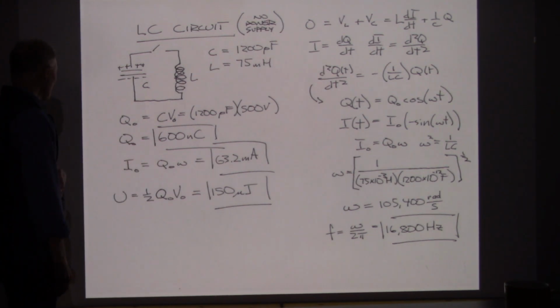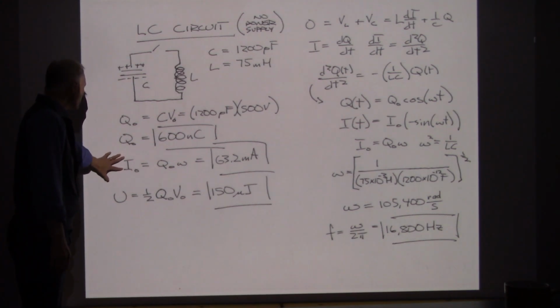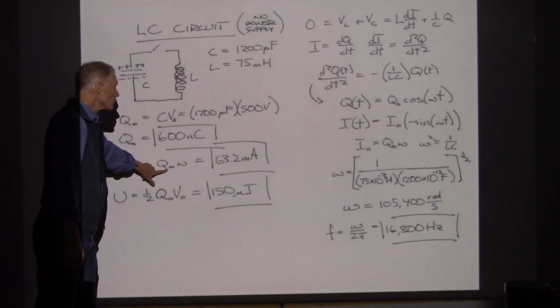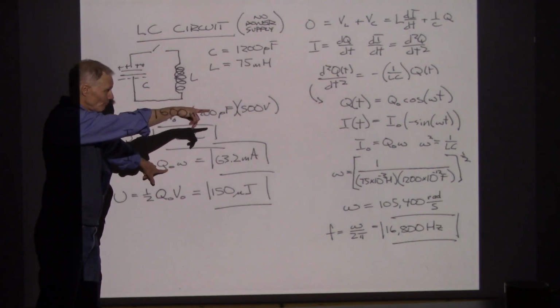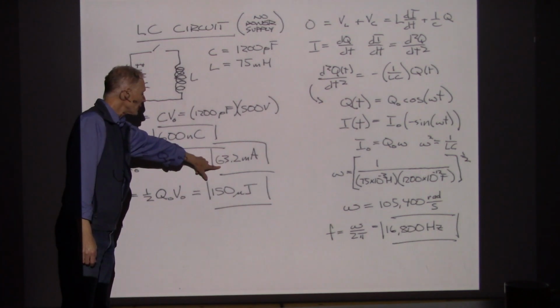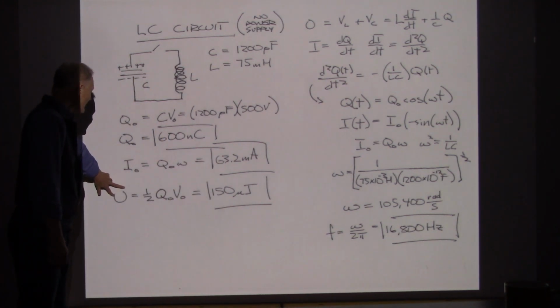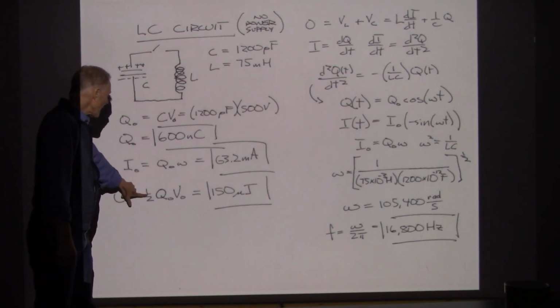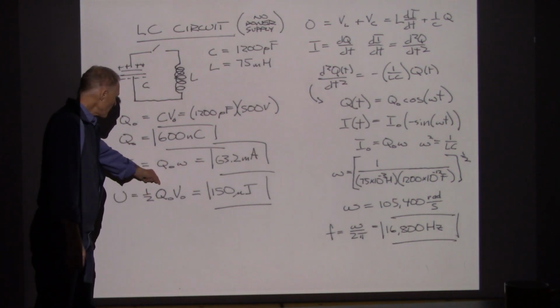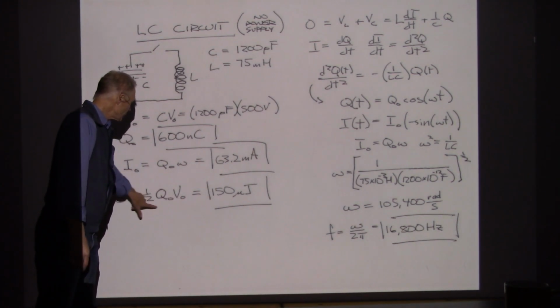All right, did we get everything solved for? We got the maximum charge. We took the omega value multiplied by Q naught, which is what the formulas here were telling me to do. It says the maximum current we're going to reach is 63.2 milliamps, and that the energy in the circuit we can get by going back and looking at the original capacitor being stored with Q naught and a voltage of V naught.